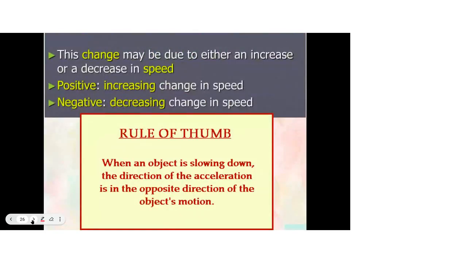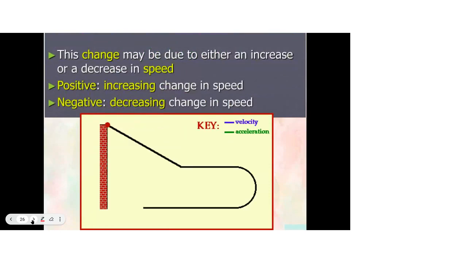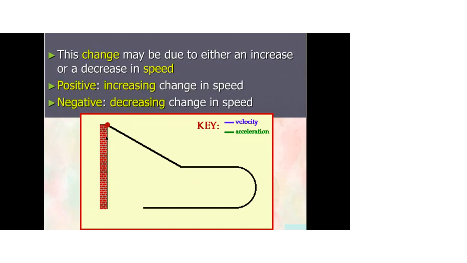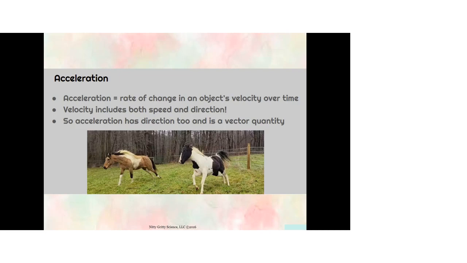So the change may be due to an increase in speed or a decrease in speed. You can see as we get to the end, as it slows down, the acceleration goes in the opposite direction. It starts off going down, acceleration and velocity going the same way, and then it starts to slow down. Okay, so that's where we're going to stop right here today, ladies and gentlemen.